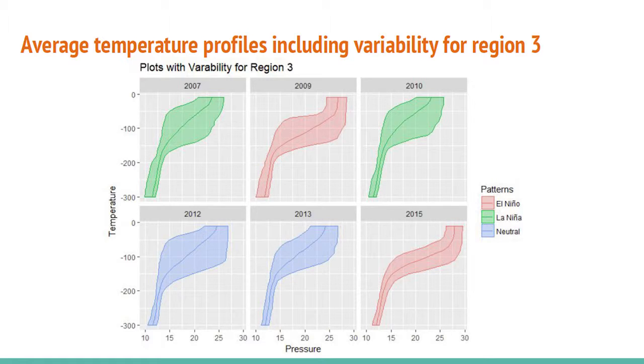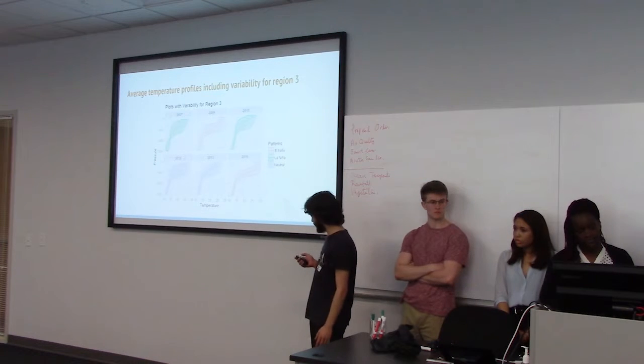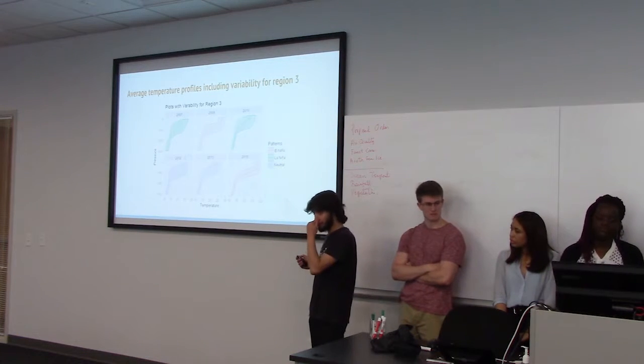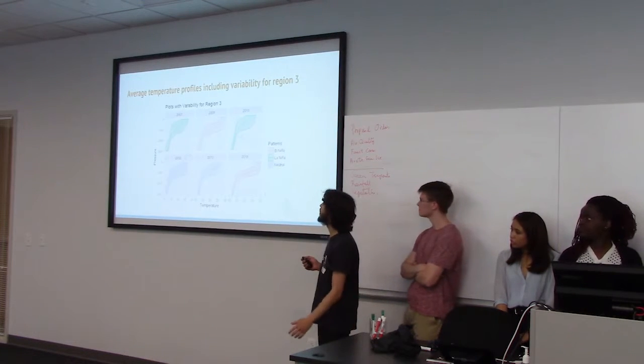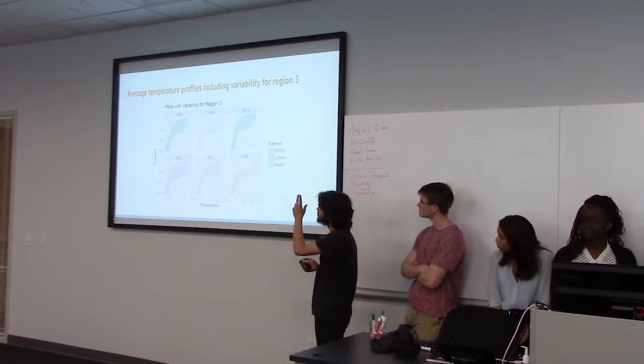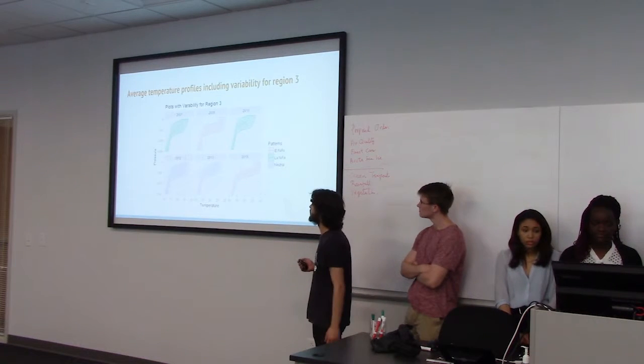The lines between the two are the variability band around the mean line. Something interesting that we wish we could have researched more is why El Nino has a smaller band than the rest of them.